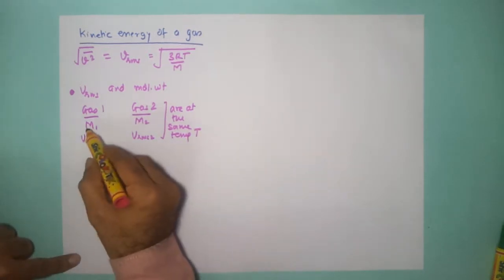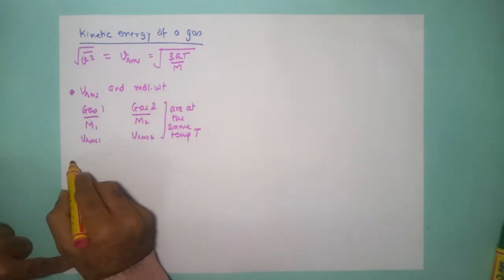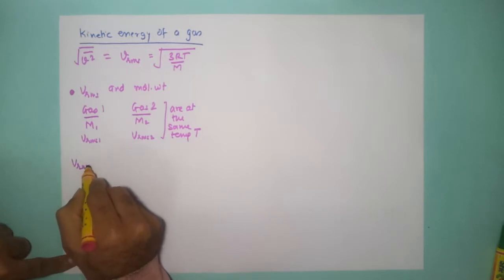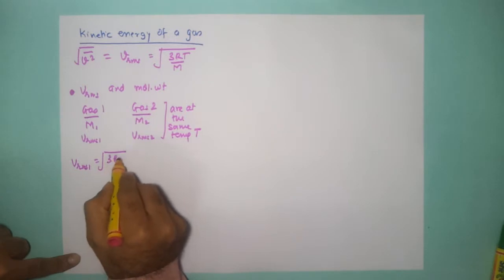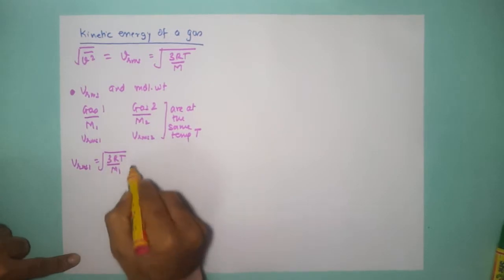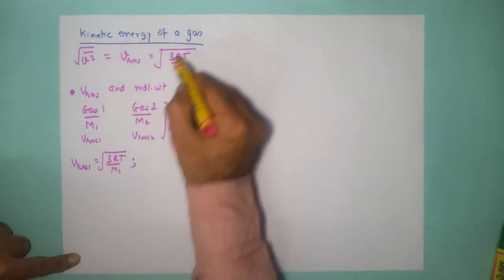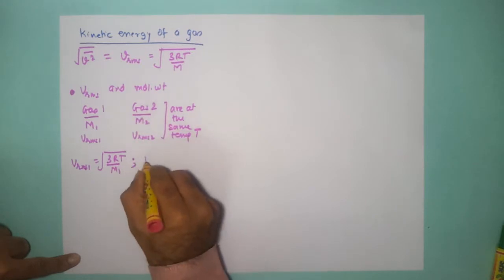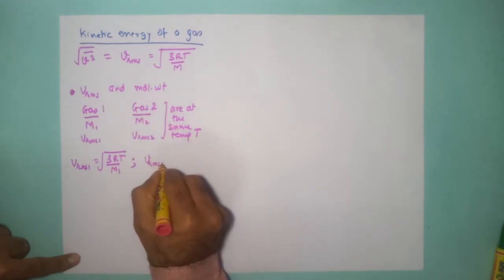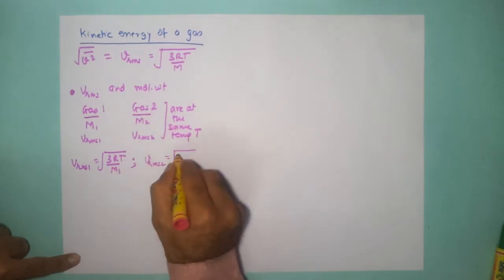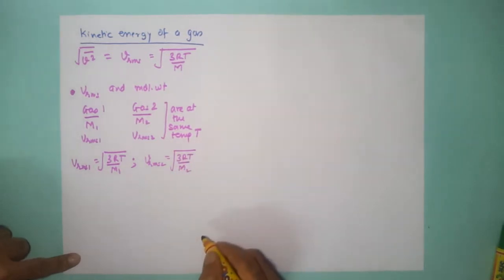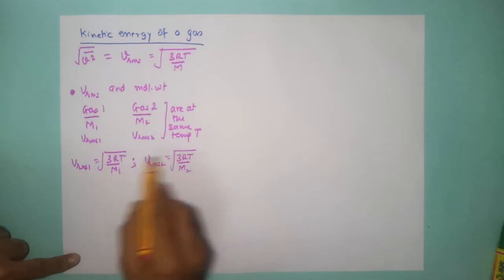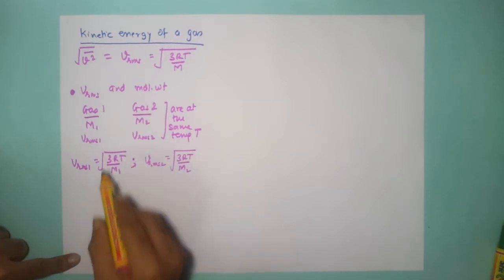For gas 1, I can get the equation VRMS 1 is equal to the square root of 3RT upon M1. And for gas 2, VRMS 2 is equal to the square root of 3RT upon M2. As you would have noticed, T is the same, but M1 and M2 are different.